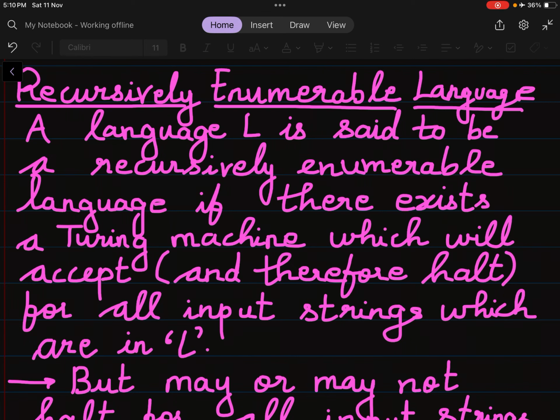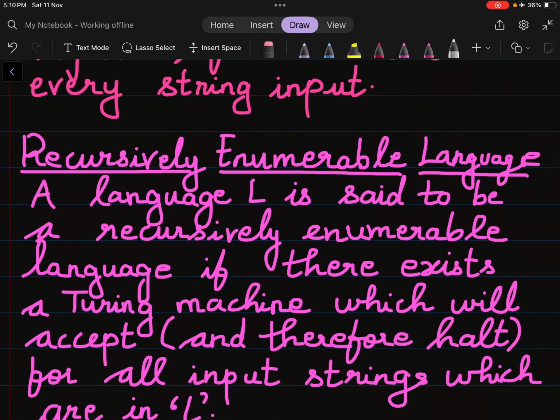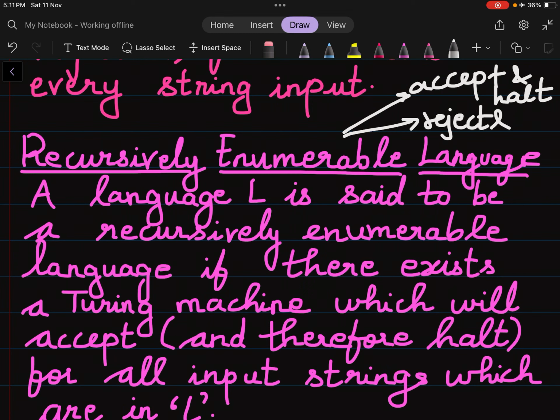A language is said to be recursively enumerable if the Turing machine will halt when the string is accepted, for all input strings which are in L, but may or may not halt for input strings which are not in L. That means the Turing machine will accept the string and halt, or it will reject the string and halt, or it will never halt. It will go into an infinite loop.